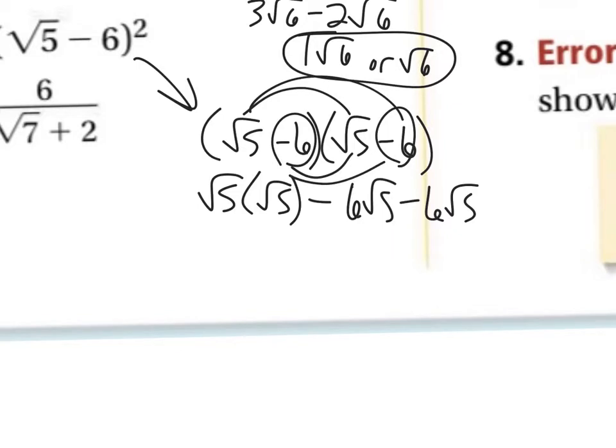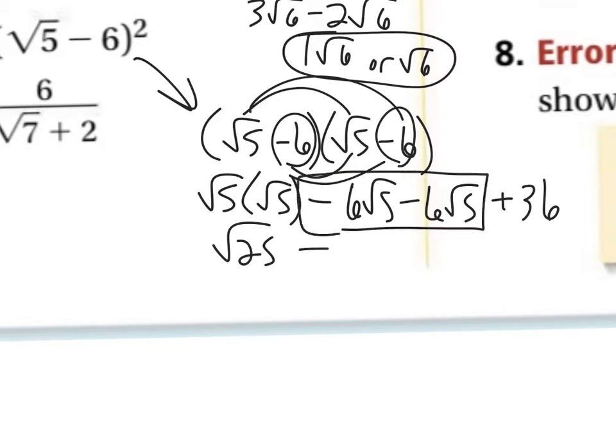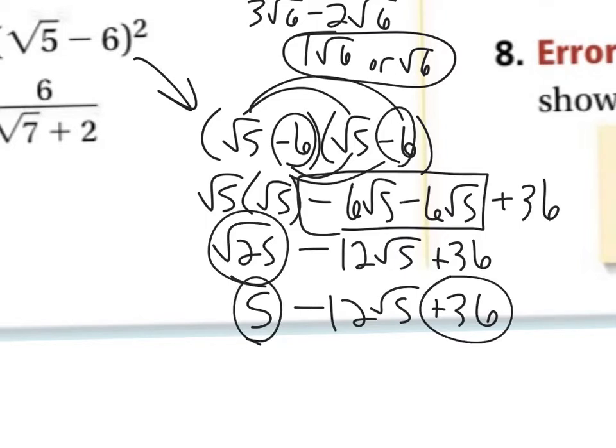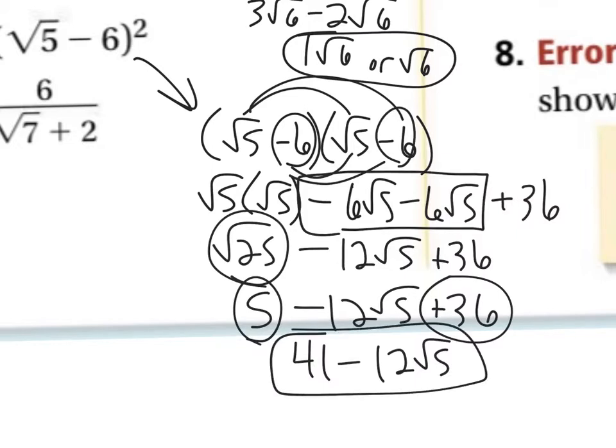This last part, both of these are negative, so negative times negative is going to be a positive 36. The middle terms we can combine. Square root of 25 is 5. And then 5 plus 36 is 41. So 41 minus 12 square root of 5 would be our final answer for that one.